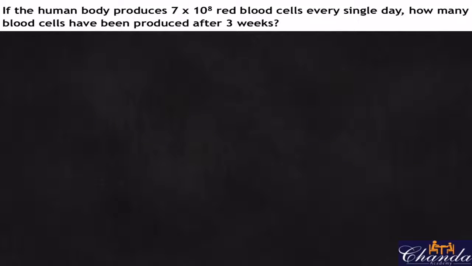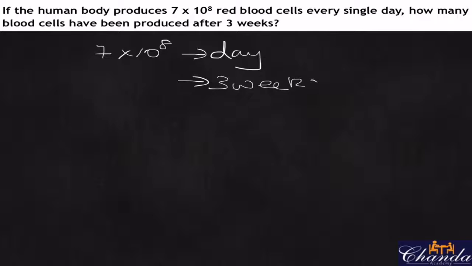Okay, this question says, if the human body produces 7 times 10 to the power of 8 red blood cells every single day, how many blood cells have been produced after 3 weeks? Okay, so we have 7 times 10 to the power of 8 every single day. Then we have to look at it from a 3 weeks perspective. So 3 weeks, and 3 weeks we know is simply 21 days.